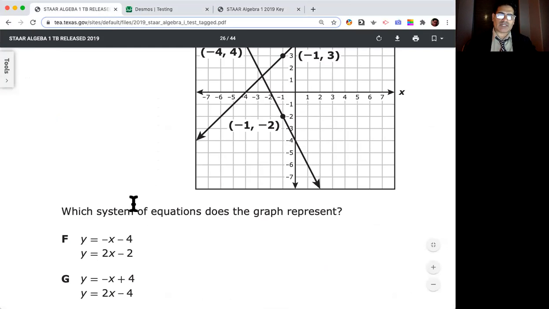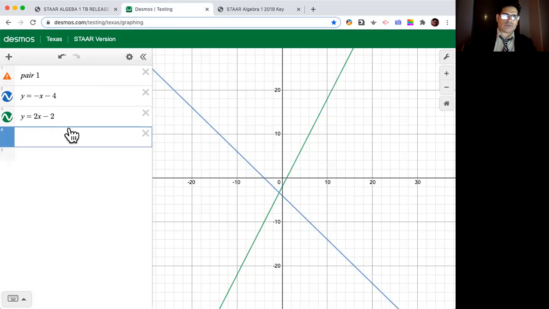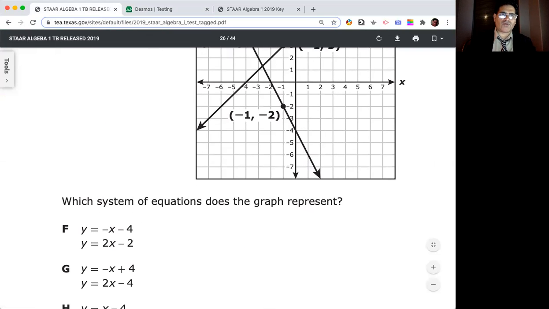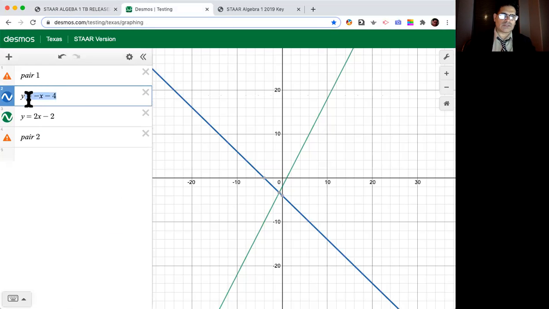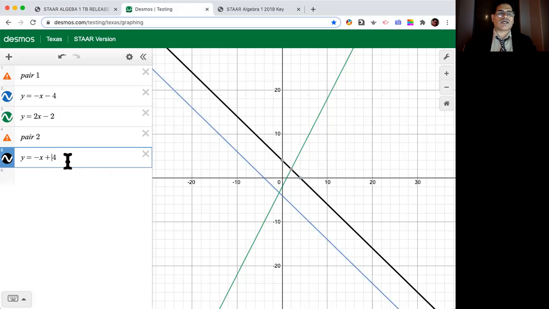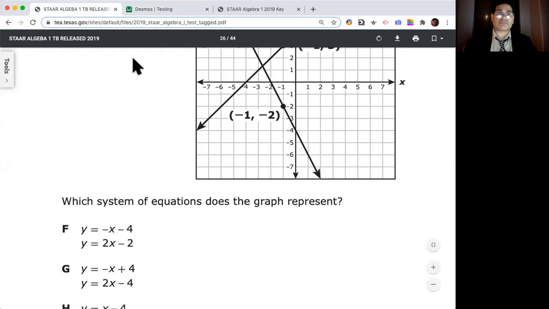All right, moving on to the next pair, pair number 2. Pair 2 has minus x plus 4, and 2x minus 4.